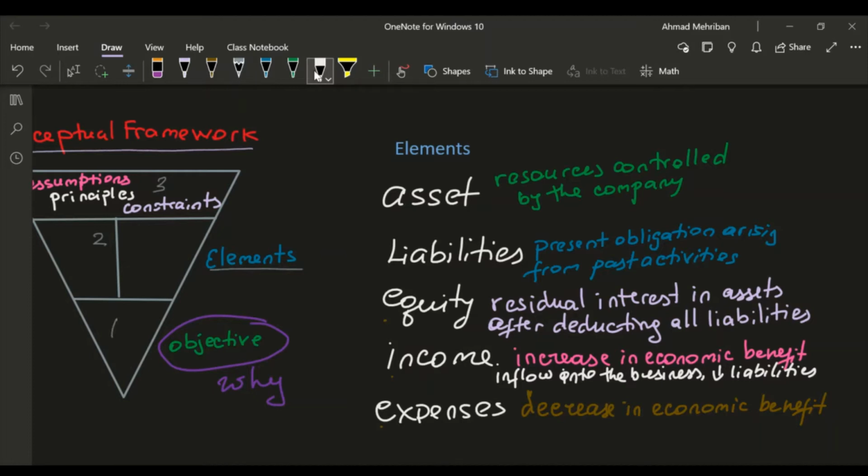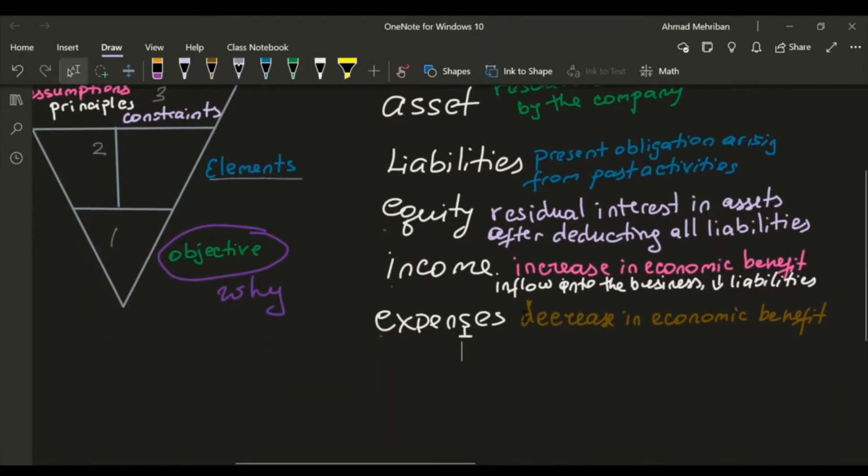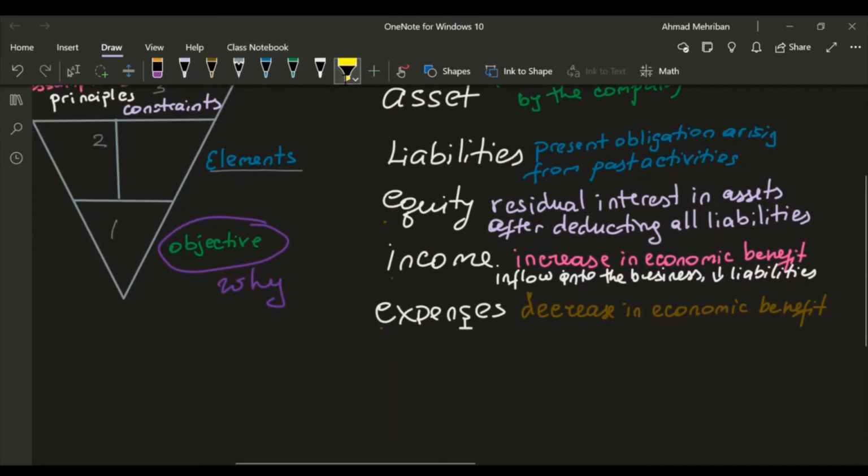Let me just make sure that I can write it here. Sorry, just a second. I will move it up. So they will result in outflow from the business, and they will also have occurrences or incidents of increasing the liability. That's it.